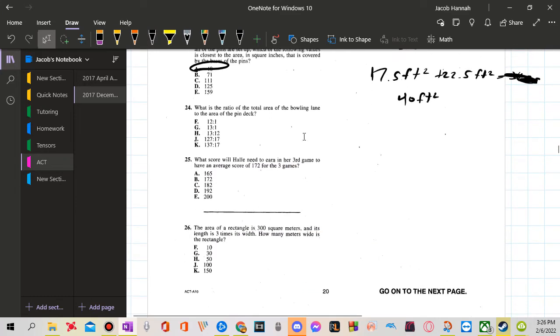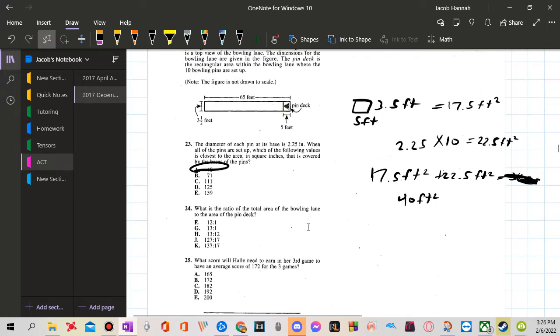I don't like that. What is the ratio of the total area of the bowling lane to the area of the pin deck? Alright, so we found the area of the pin deck. So the entire bowling lane is 65 feet times 3.5 feet.